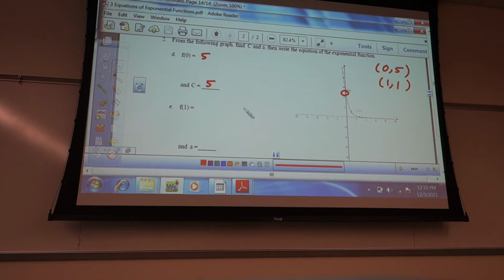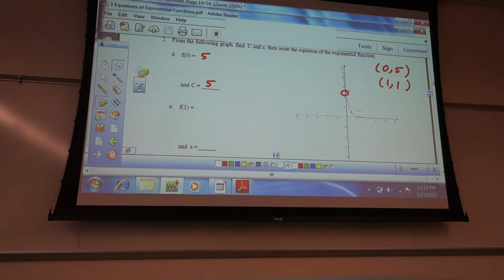F of 1 is 1. Sorry, I should back up a little bit. If you want to find this the regular way, you'd say, okay, I have my formula: y equals c times a to the x. So I'm going to plug in 0 for x, 5 for y.